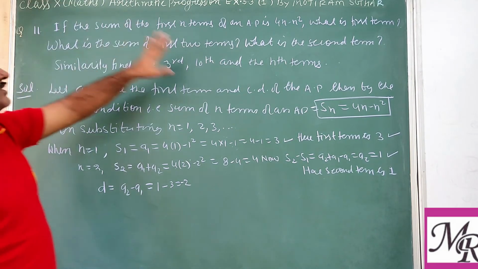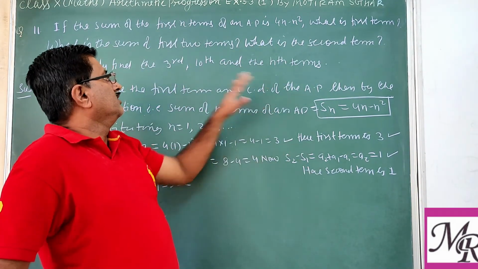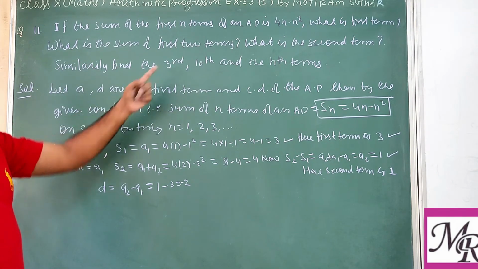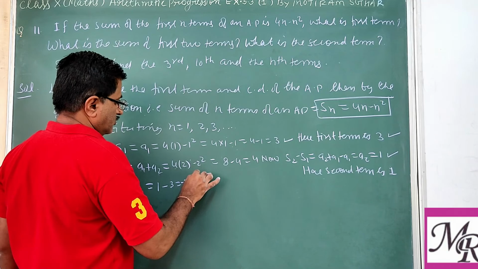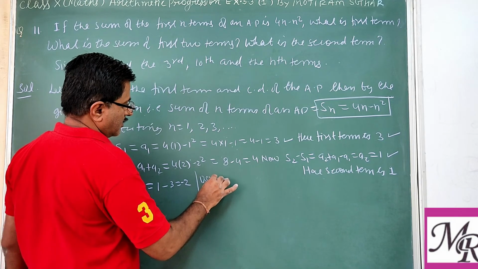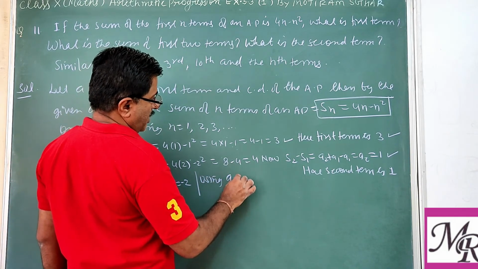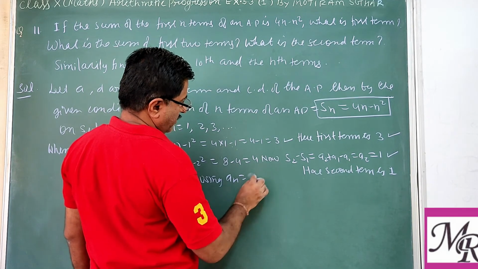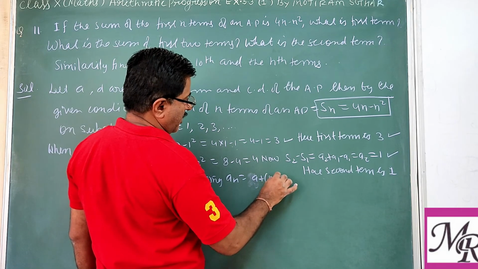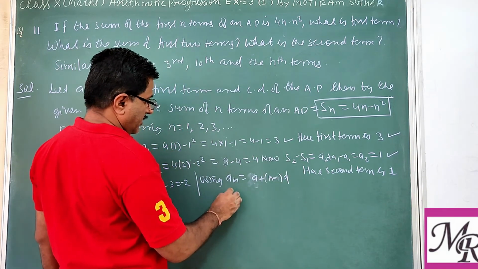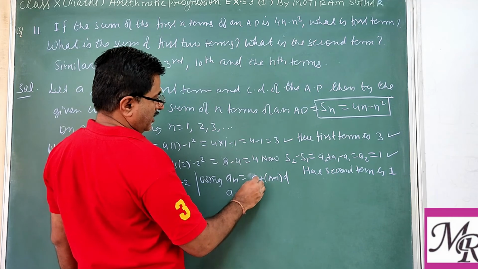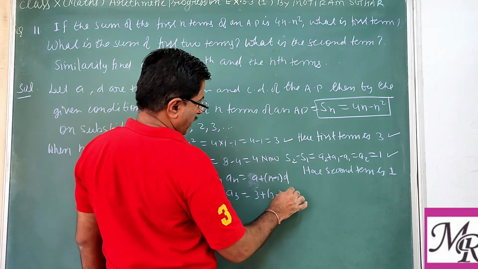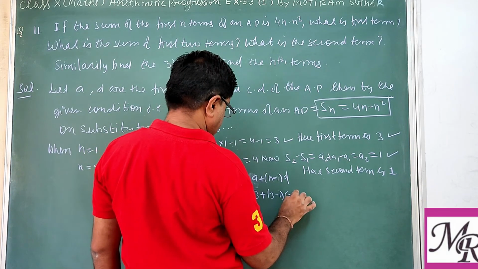So we already have the second term and D. Now if you know D, you can find the third term. Using A and D, we want to find the third term. That's why we use this formula: An equals A plus n minus 1 into D. A3 is the third term, A is 3, n is 3, and D is minus 2.